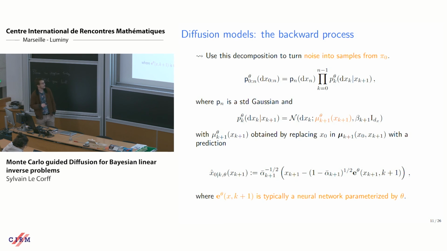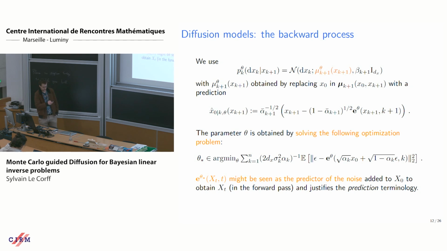And to learn it, there are two ways of training this kind of neural network, either by score matching or variational inference. You end up with this kind of optimization process where you can understand this epsilon theta, the neural network you're training, as the noise you should add to x0 to obtain xk.